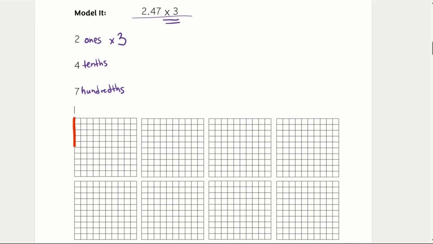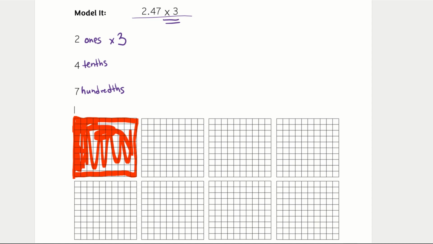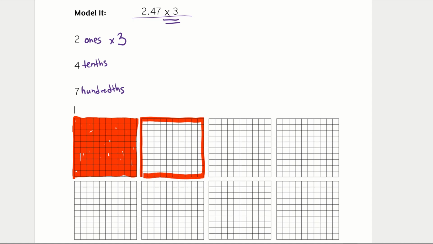So I'm going to color in 1 whole number here. 1. You're probably faster at coloring in than I am. 1, 2. That's the 2 in 2 and 47 hundredths.